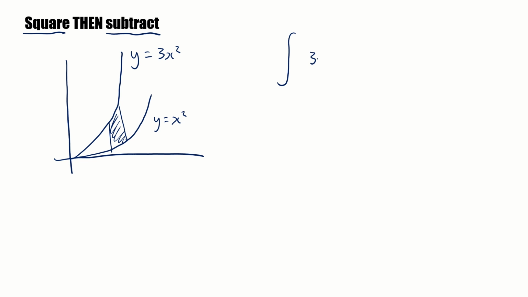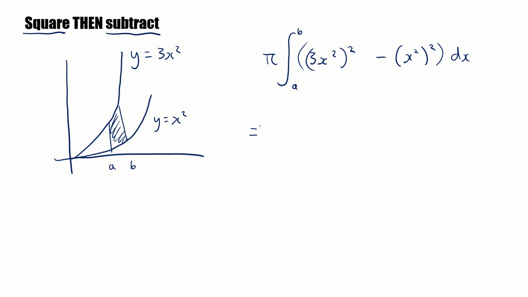Because we'll do 3x squared all squared, and then take away x squared all squared, and of course we're still integrating with respect to x. And of course there'll be the pi out the front of the whole thing, and of course we'll have the same limits for our two things, so a and b, whatever those are.